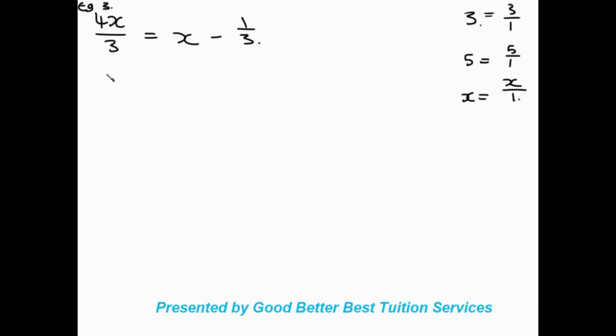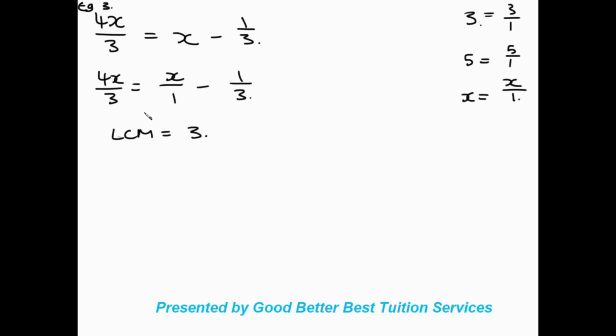So we'll now have 4x over 3 is equal to x over 1 minus 1 over 3. So if we're looking for the LCM over here, it is 3, right? So now that we have the LCM, we can move on to our steps, right?